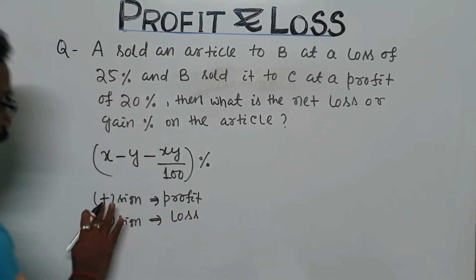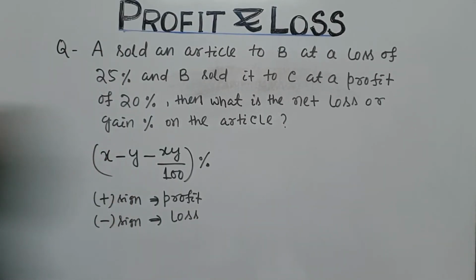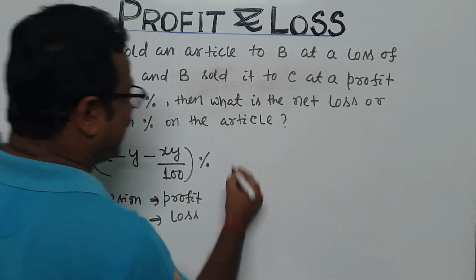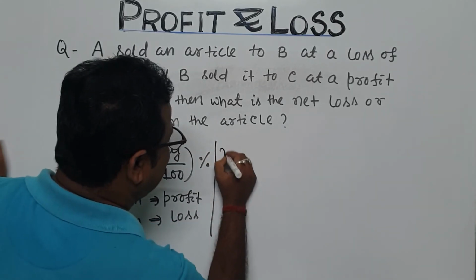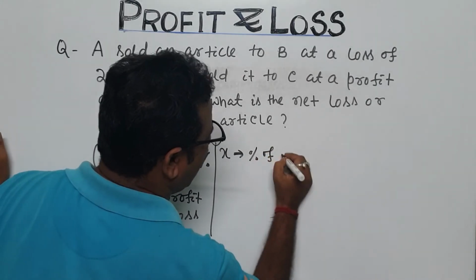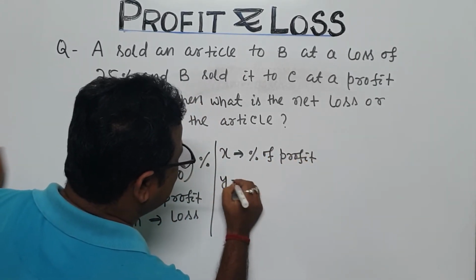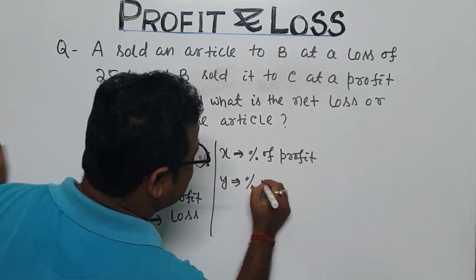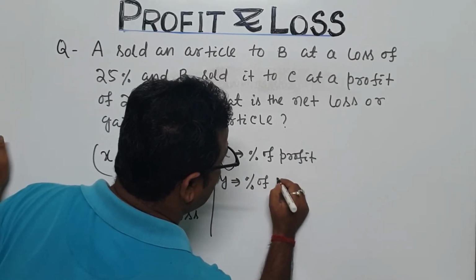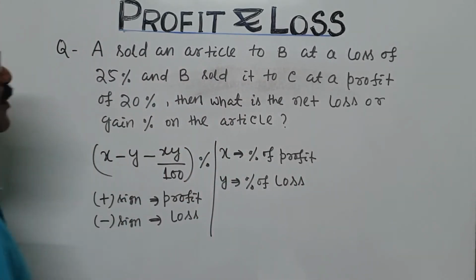We know plus means profit, minus means loss. So x and y. What is x? Here x is percentage of profit, y is percentage of loss. Okay, so apply the formula.